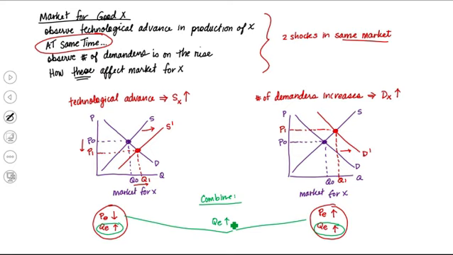But what's not so clear is what happens to equilibrium price. Now, the supply shock has caused price to go down, but the demand shock on the right has caused price to go up. I don't have any information here telling me which shock is bigger. So without knowing which shock is bigger, I don't know which the dominant effect is.